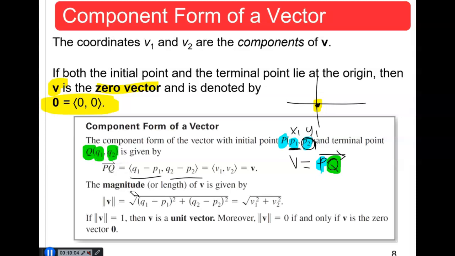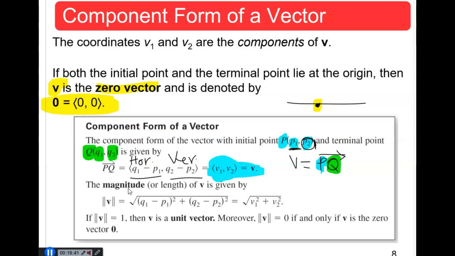But if you don't want to think in terms of x and y, just think in terms of horizontal and vertical components. So here we get the difference of the horizontal components, and here we get the difference of the vertical components. And that's how we turn a vector into component form, which will represent the terminal point if we were to just shift the initial point of the vector to the origin at 0, 0.